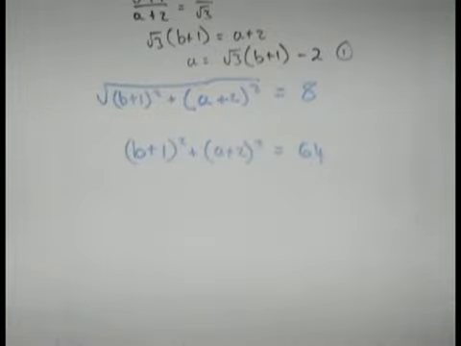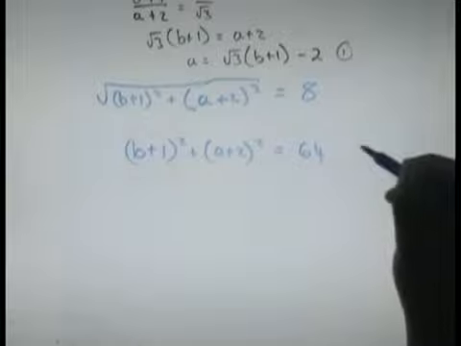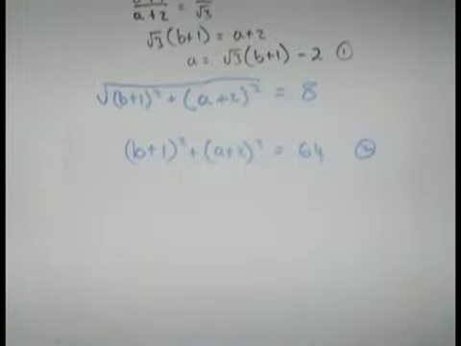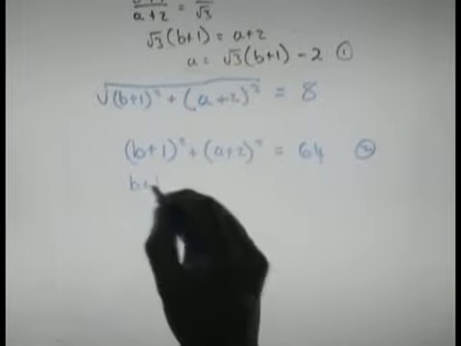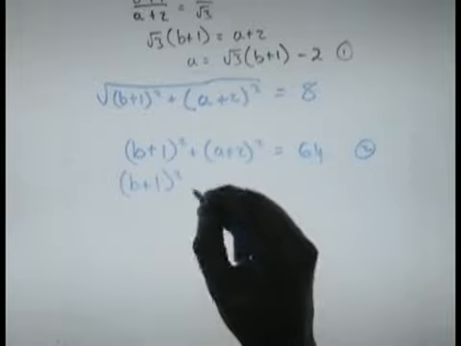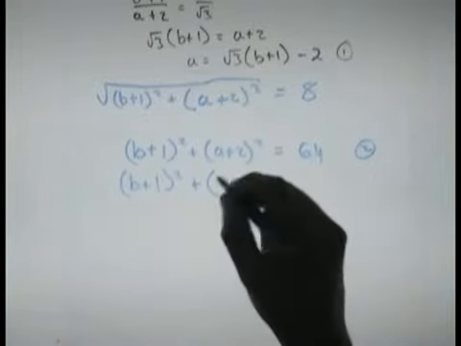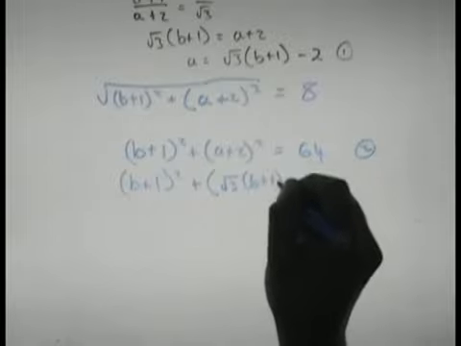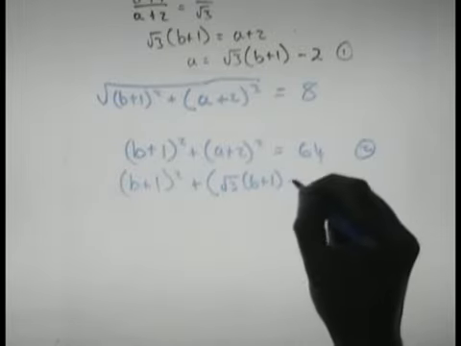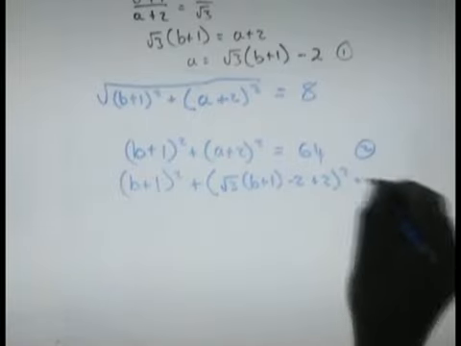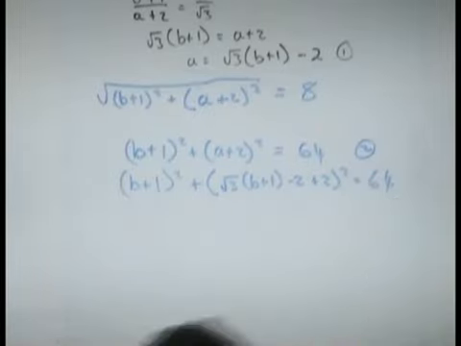Now before I take this any further, this is equation 2. Substitute that into the simultaneous equations. That means that (b plus 1) squared plus, instead of saying a, I'm going to say root 3 times (b plus 1) minus 2, in place of (a plus 2) squared, is equal to 64.